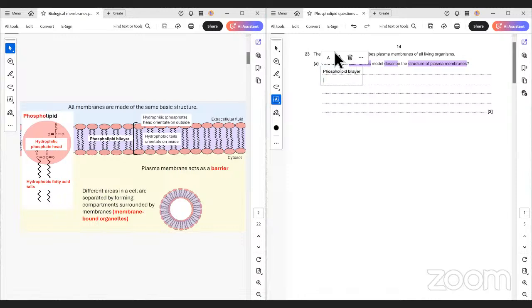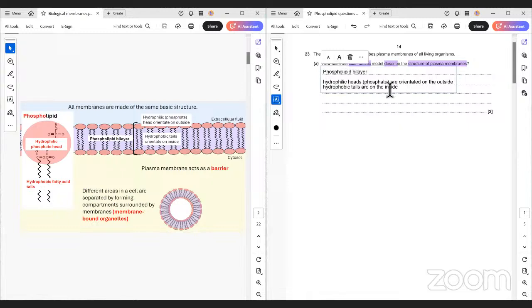The second thing is that those hydrophilic heads, which have our phosphate, are orientated on the outside, and the hydrophobic tails are on the inside. That is where we can see we've got this phospholipid bilayer.